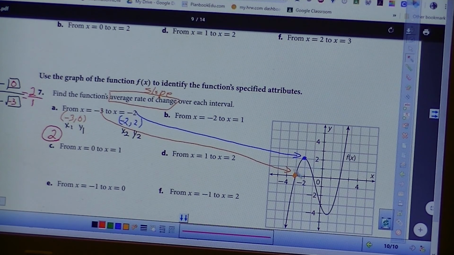And again, you could have counted that off too, couldn't you? Rise 2, run 1. So you can actually count it off on the graph as well. So average rate of change is code for slope: y sub 2 minus y sub 1 over x sub 2 minus x sub 1. I need you to see this step and write this down.